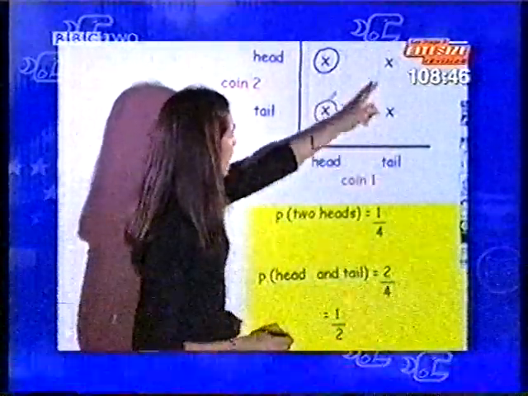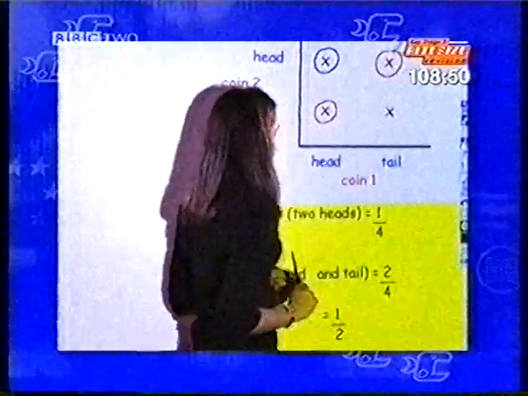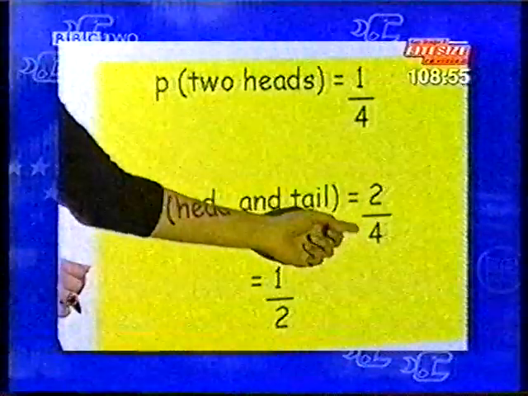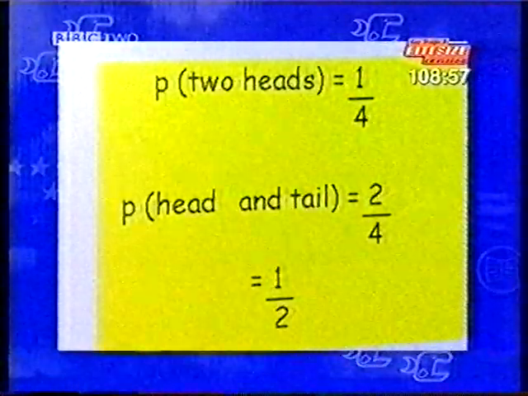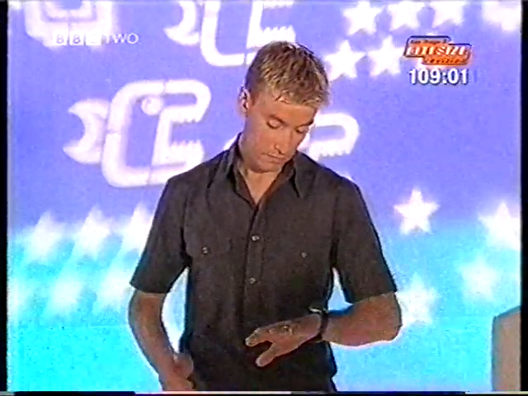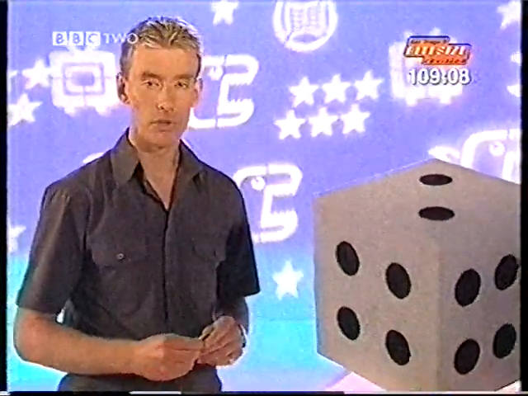A tail and a head here. So the probability of getting a head and a tail, or a tail and a head, is 2 out of 4, and I can reduce that down to a half. So throwing a head and a tail is twice as likely as throwing 2 heads or 2 tails.